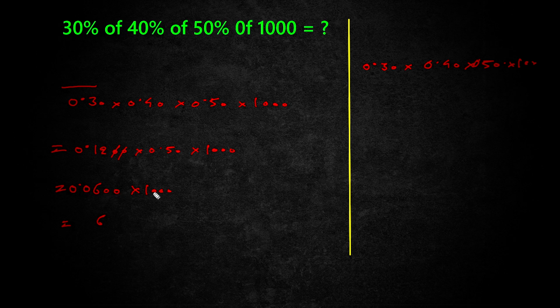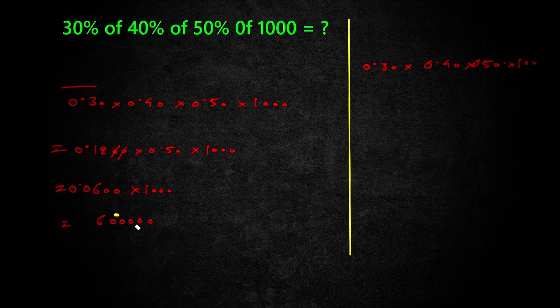We have to write 5 zeros, 1, 2, 3, 4, 5. Then when we put the decimal it has to be 1, 2, 3, 4, and we have to put the decimal here. I changed the color of the decimal. Even after all this struggle, it looks easy, you get 60. The answer is right.